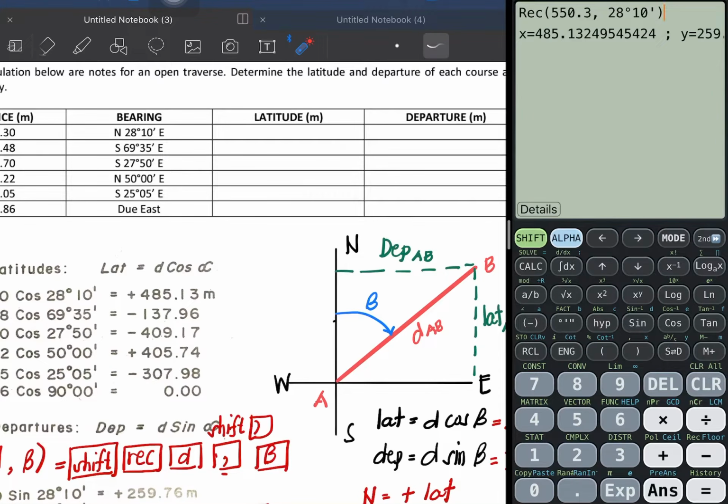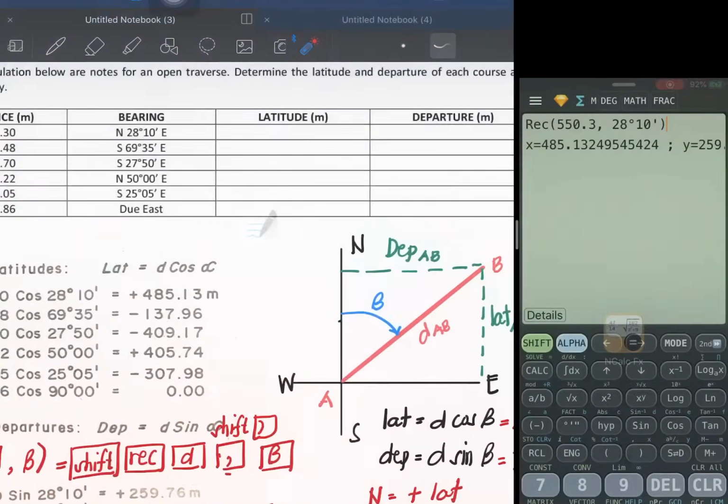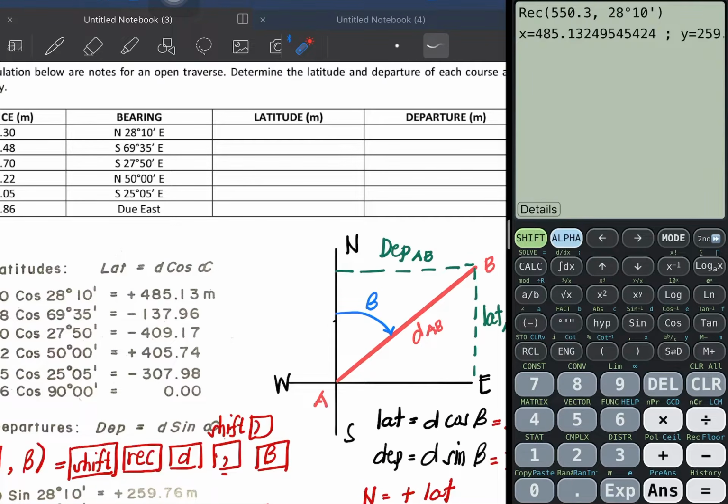To tabulate the data, you have the tabulation.